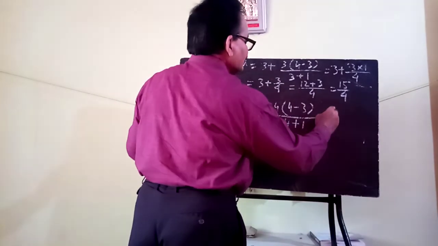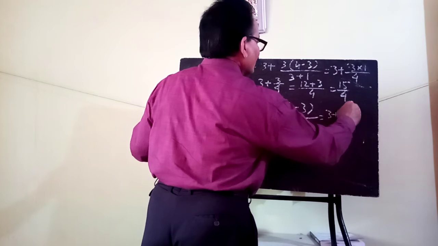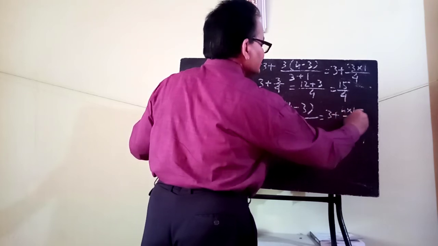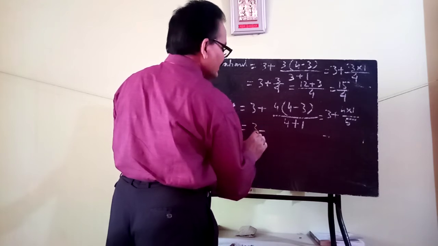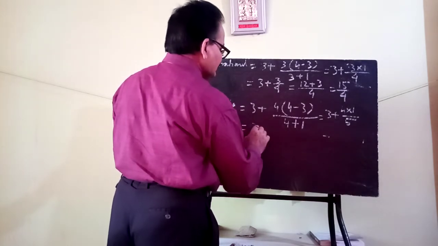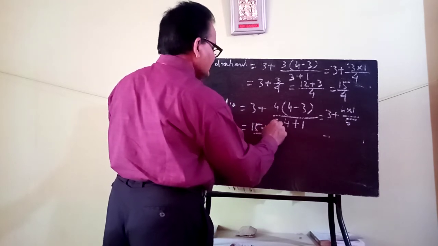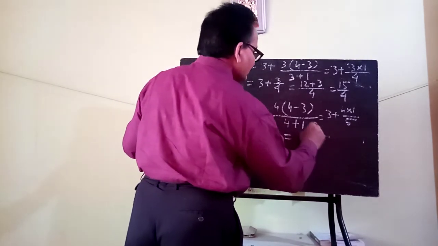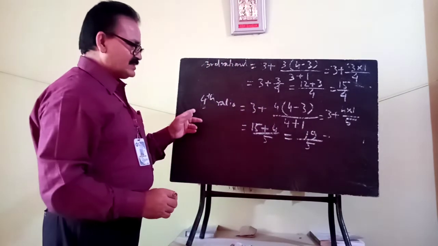So again this is your 3 plus 4 into 1 by 5. So here the LCM is 5. So this is 15 plus 4, that is your 19 by 5. This is your fourth rational.